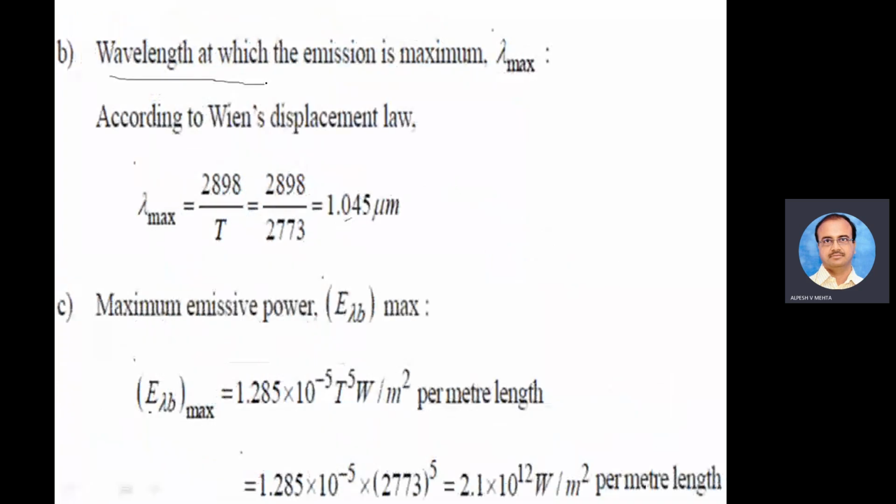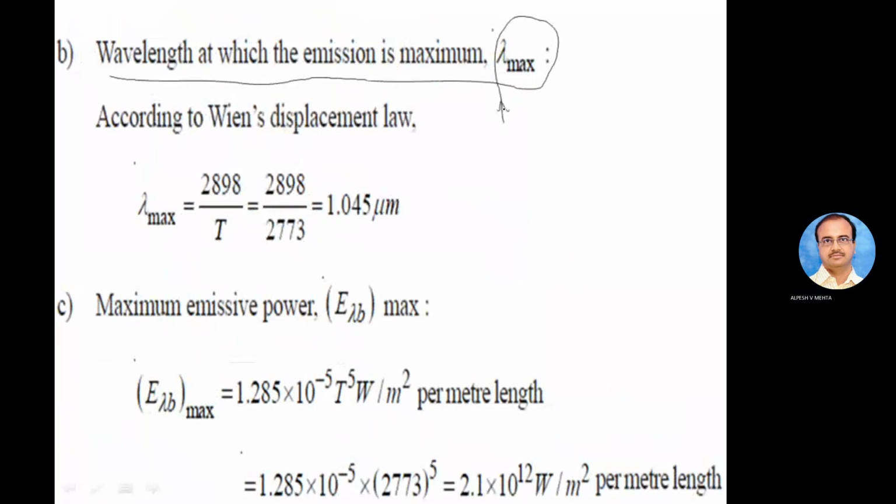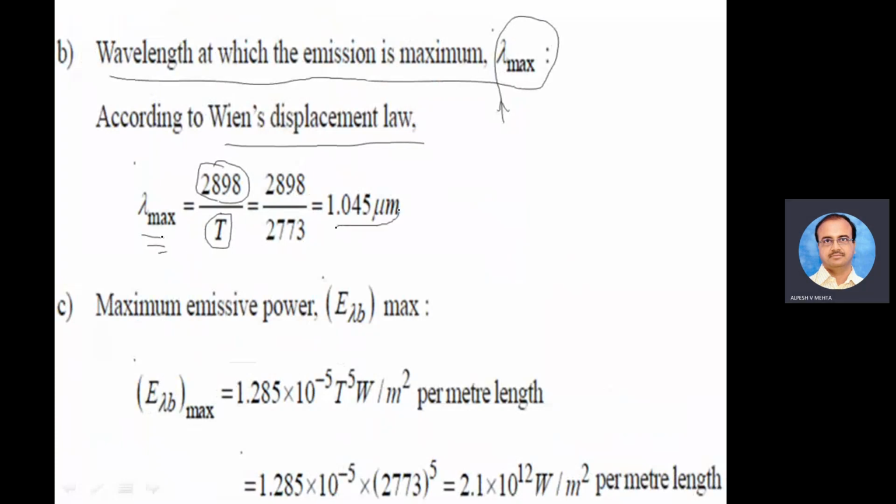Now, the second task is to find the wavelength at which the emission is maximum, that is, we have to find lambda max. According to Wien's displacement law, lambda max times T equals 2898 micrometer Kelvin. When we divide 2898 by the temperature, we get the maximum value of lambda, which is 1.045 micrometer.